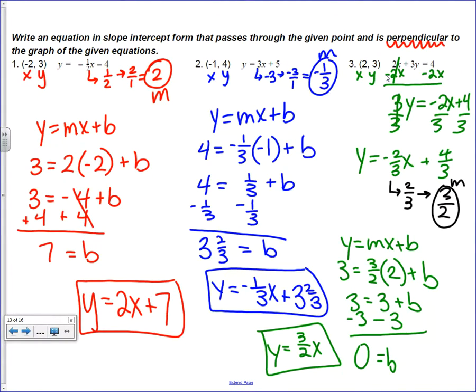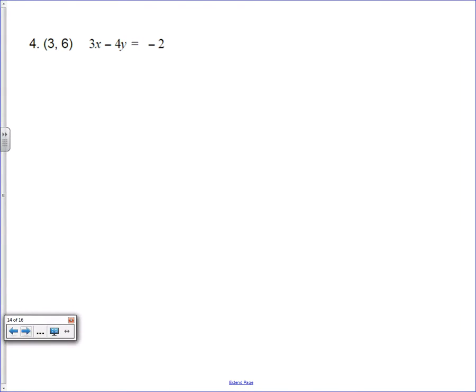Okay, I got one more, and then we'll move on to our last section. This one's the same way, isn't it? Tyler, I think I'm back to you. The first thing I got to do is I got to get that y isolated. How do I do that? What's the new equation?